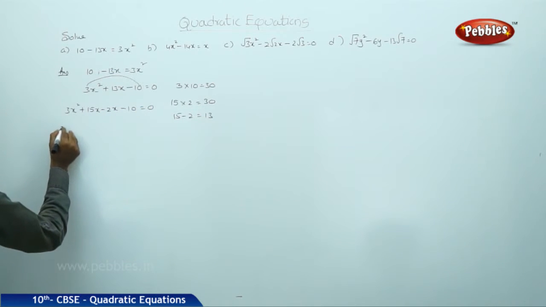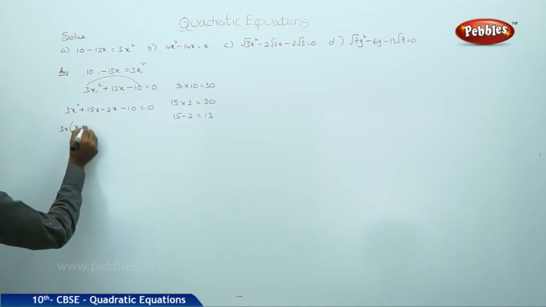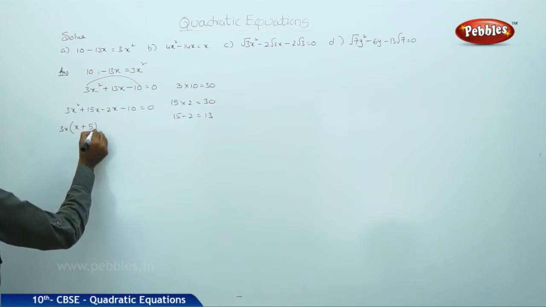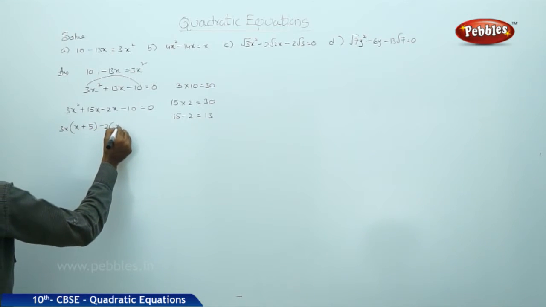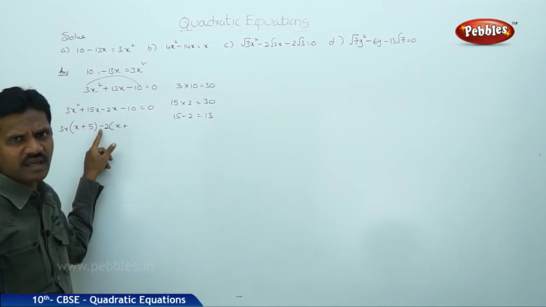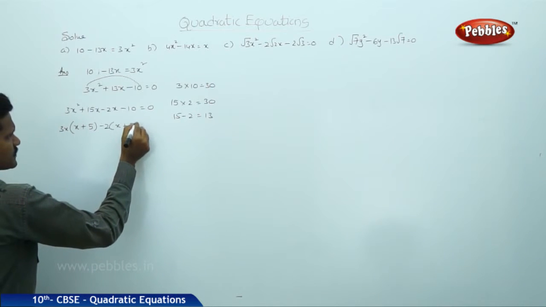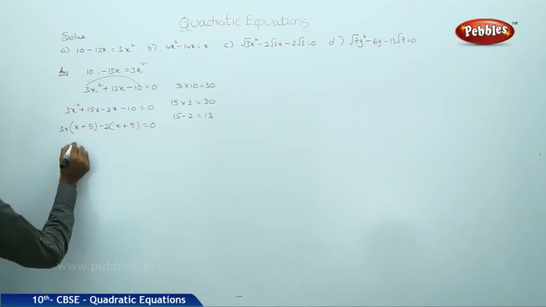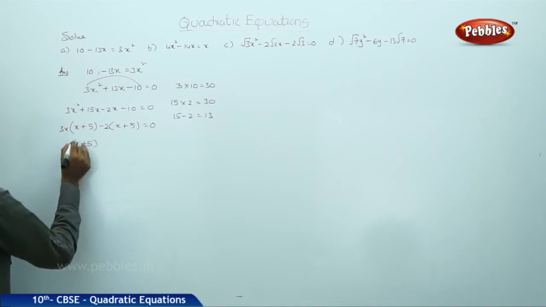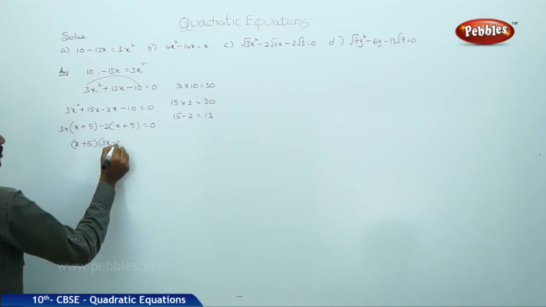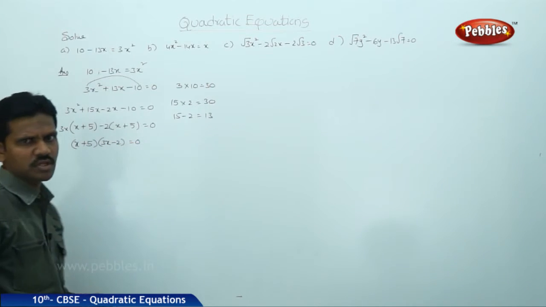From these two parts, take 3x common: 3x into x plus 5, since 3 fives are 15. From the other part, take minus 2 common; when you take minus as common, the signs inside change: x plus 5 is equal to 0. Therefore the common factor is x plus 5, and the other factor is 3x minus 2 is equal to 0.